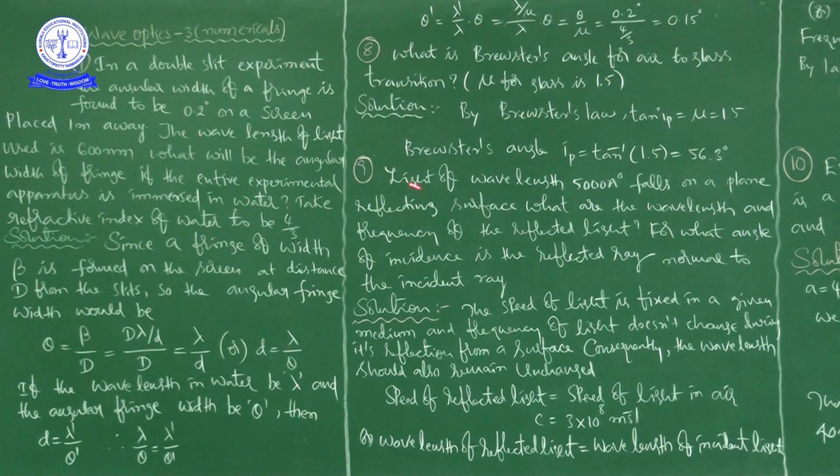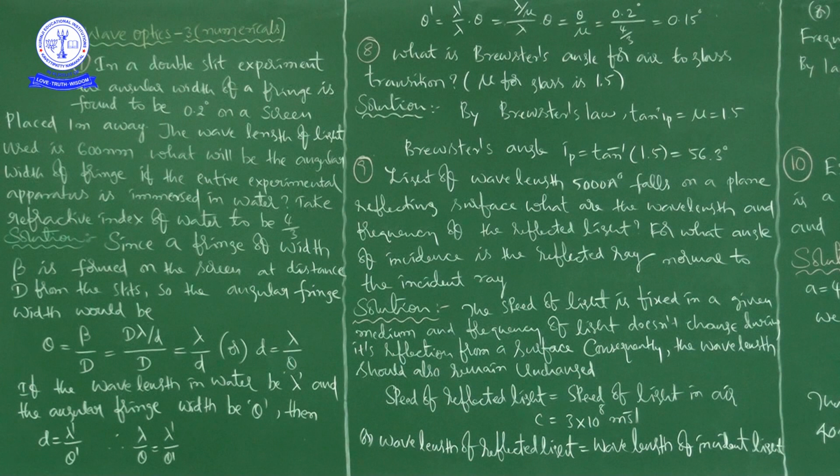Next question, question number 8. What is Brewster's angle for air to glass transition? Mu for glass is 1.5. You know, this formula is very, very important.